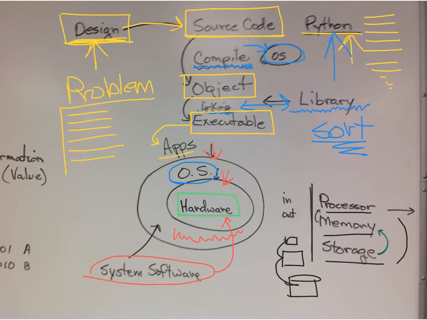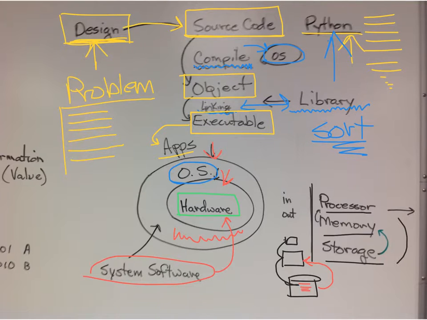So programs are stored in storage, and if you want to execute a program, you take it from storage and you put it in the memory. So the instructions in a program that are being executed need to be in memory. Okay?